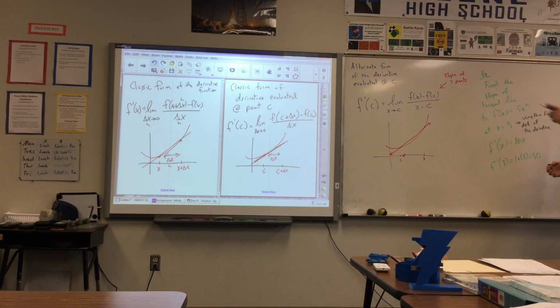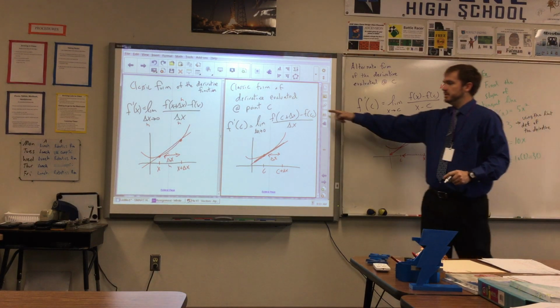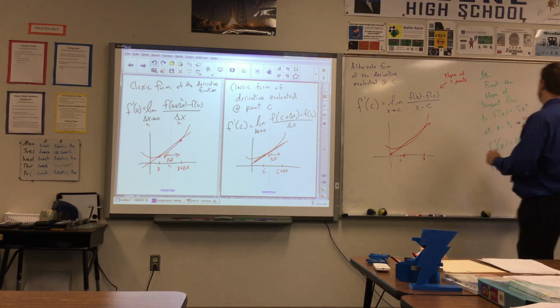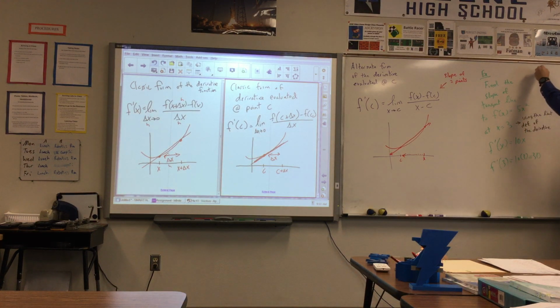What I would have to do is write something like this statement right here, where I could say f prime evaluated at 3 equals the limit as delta x approaches 0 of f of 3 plus delta x minus f of 3, all over delta x.